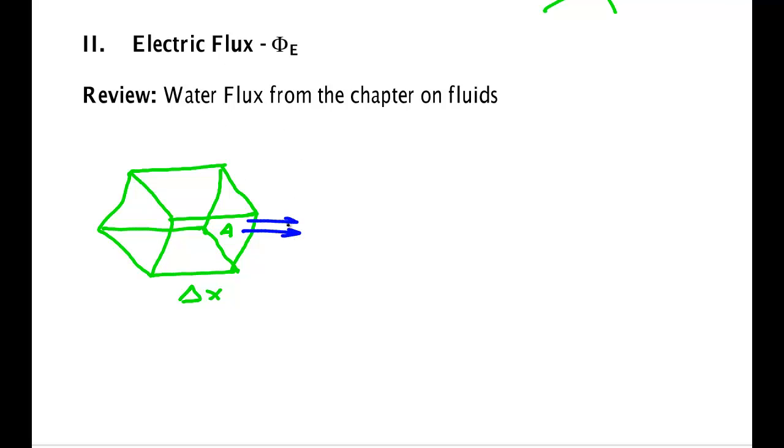So there was some velocity, V. And we could also talk about this area element here having an outward directed A vector, an area vector, and we talked about the flux for this face, this purple face, as being the velocity vector of the water dotted with the area element of this surface. And that was water flow.